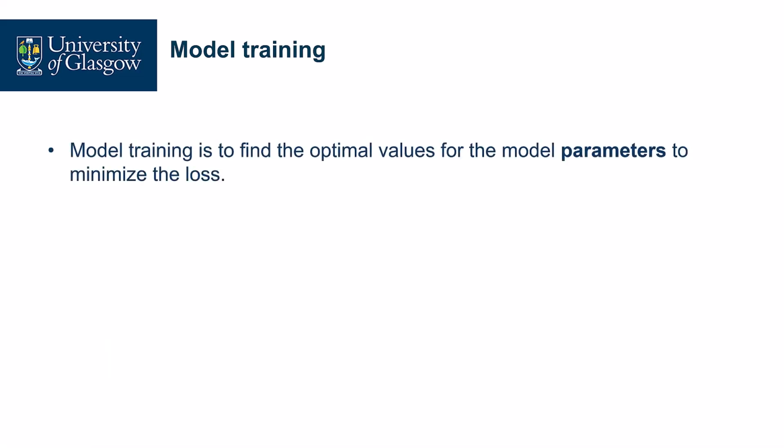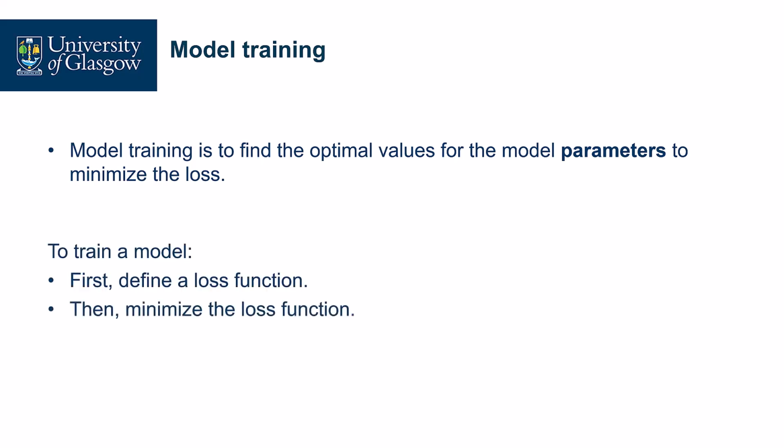So what is model training doing? We are doing optimization in model training. The objective function of model training is a loss function. And the design variables are the model parameters. So the goal is to find the optimal model parameter values for the model, right? To train a model, we first need to define a loss function.